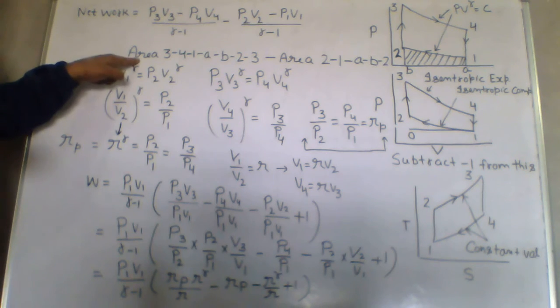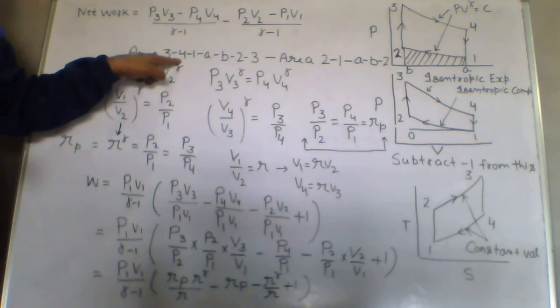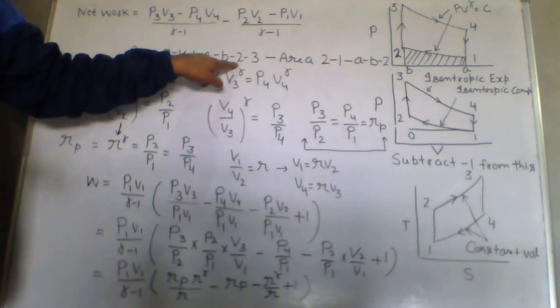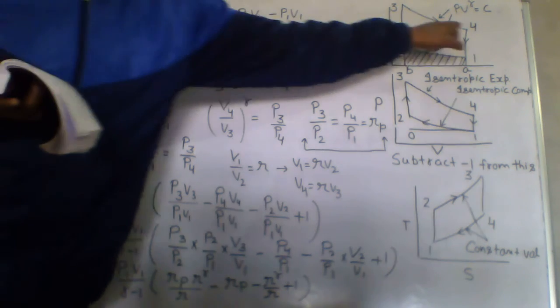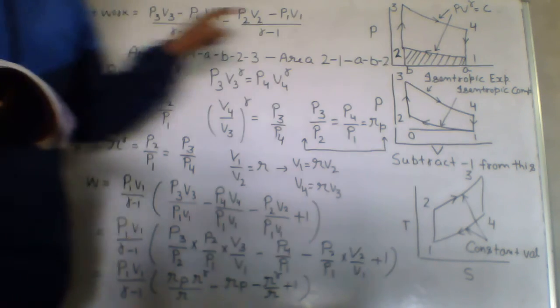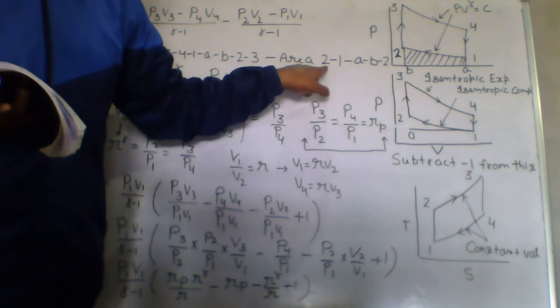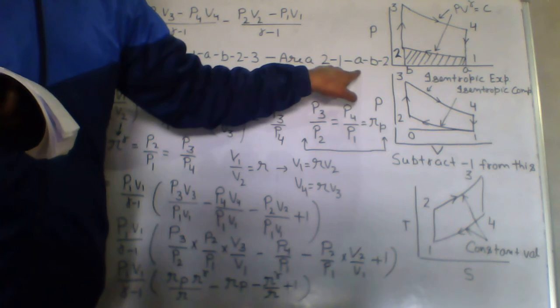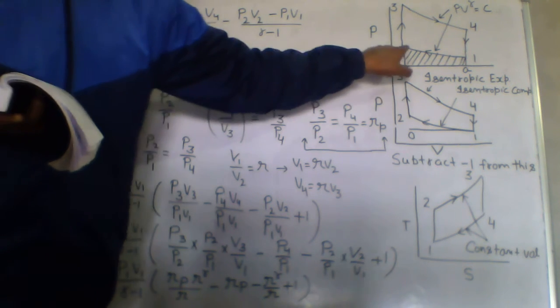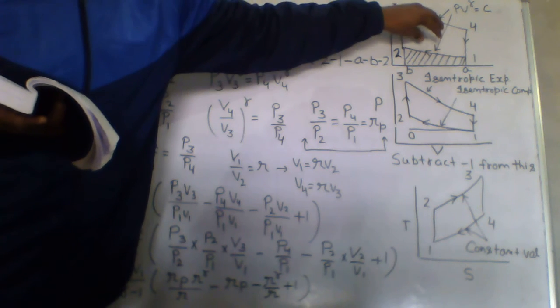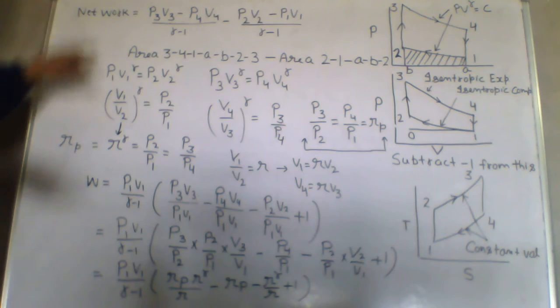So we can write in terms of the area under 3, 4, 1, A, B, 2, 3, so this total area is here, minus the area under 2, 1, A, B, 2, this area. So we will get this work. If we calculate this area, we will get work.